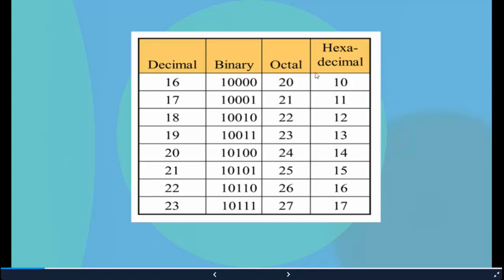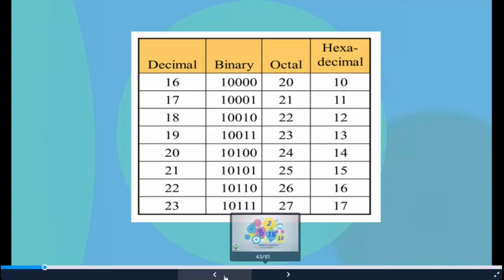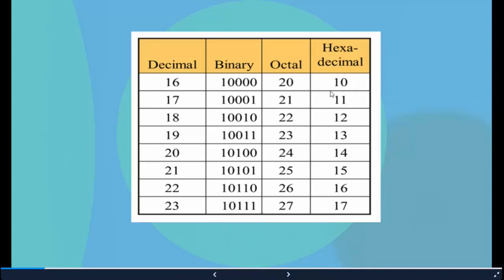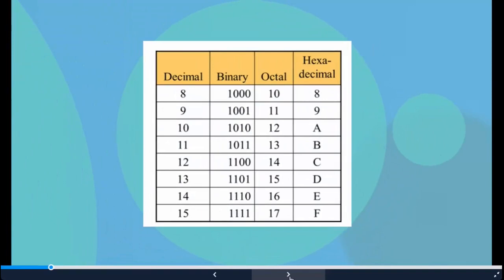So I hope you got the idea, but it's not required for you to memorize the equivalents, because you can actually do a computation for this, which will really come in handy when you do solutions already.